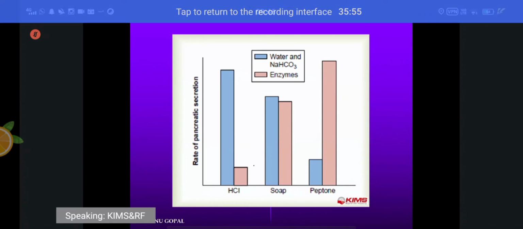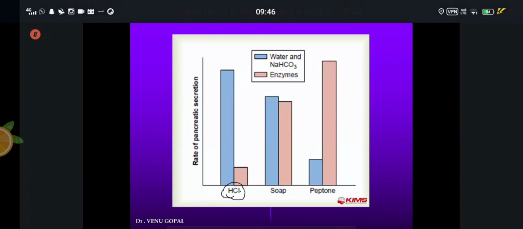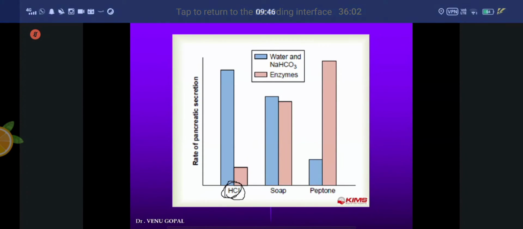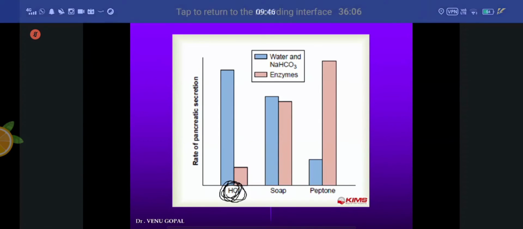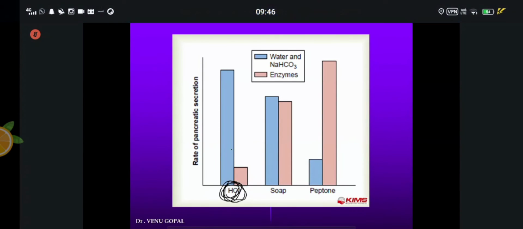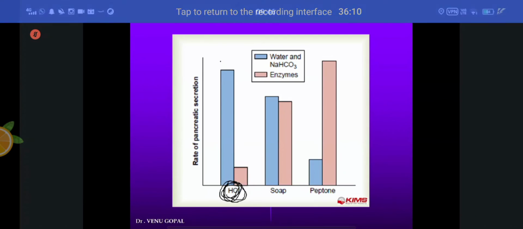For example, if you give more HCl to the duodenum, more acidic content, so food is more acidic, which doesn't contain protein and all, HCl is given directly. Then you can see the rate of pancreatic secretion. The blue line is for water and bicarbonate.